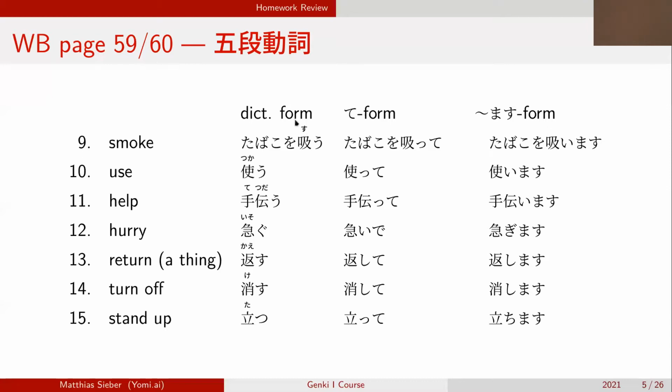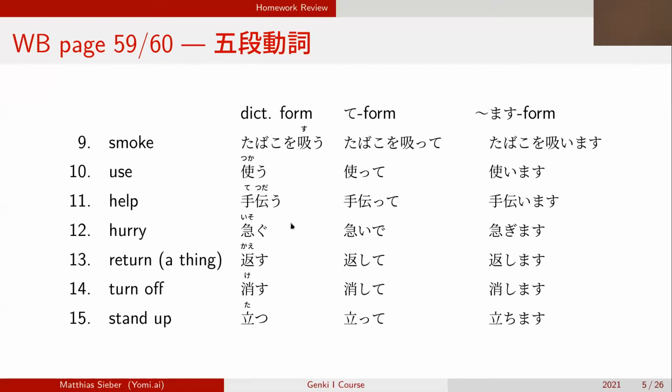To use, we use tsukau, then the te form is tsukatte, tsukaimasu. To help is tetsudau. You might remember this te from reading Yotsuba. This te here is actually hand, the kanji for hand. So it's tetsudau, tetsudatte, tetsudaimasu.